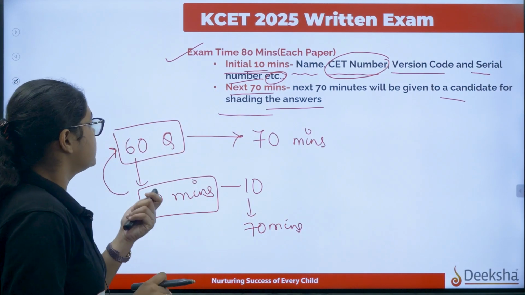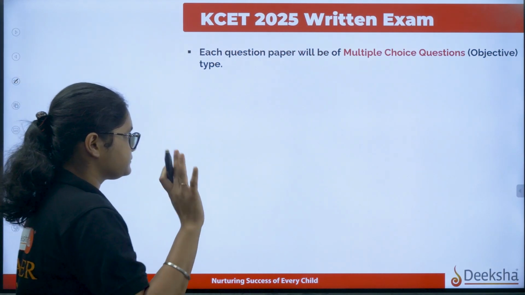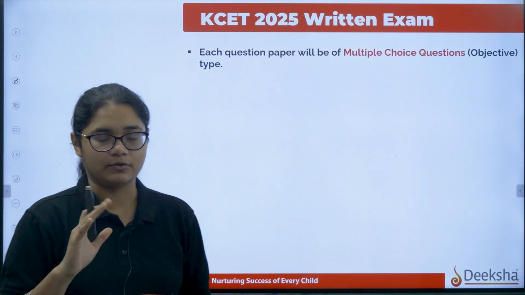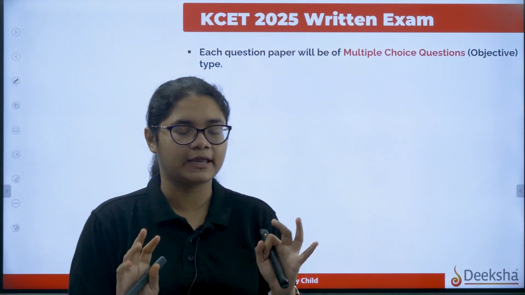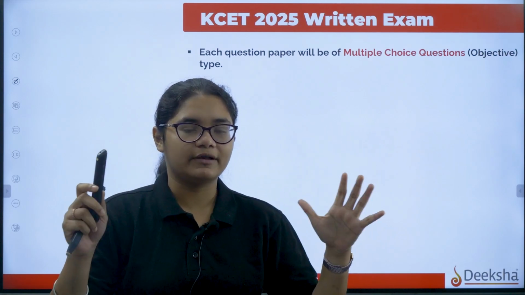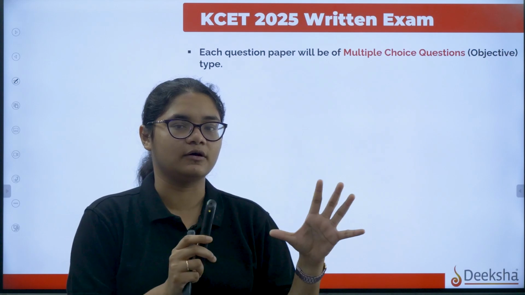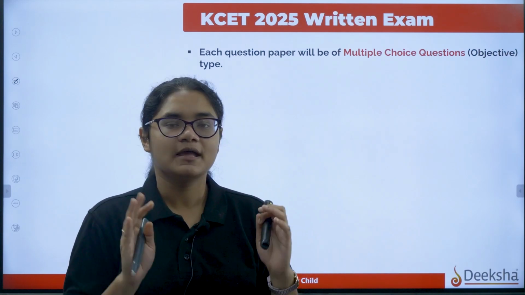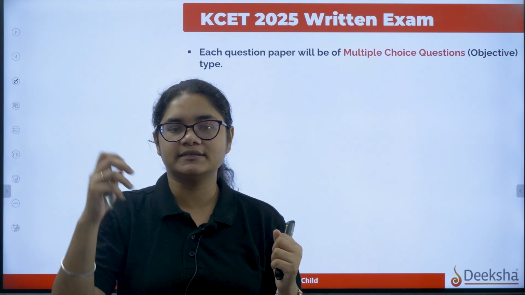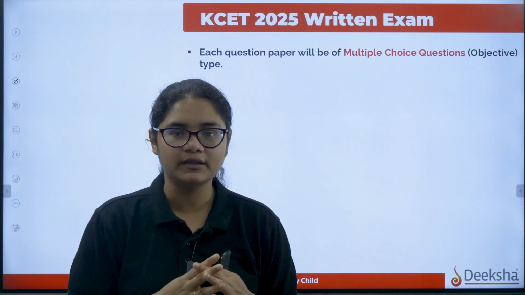Now coming to the next thing, that is the exam pattern. Till now, what all did we come to know about the exam? First, why we should write this exam and what courses we can study by writing it. Next, the subjects for which the exam will be conducted.